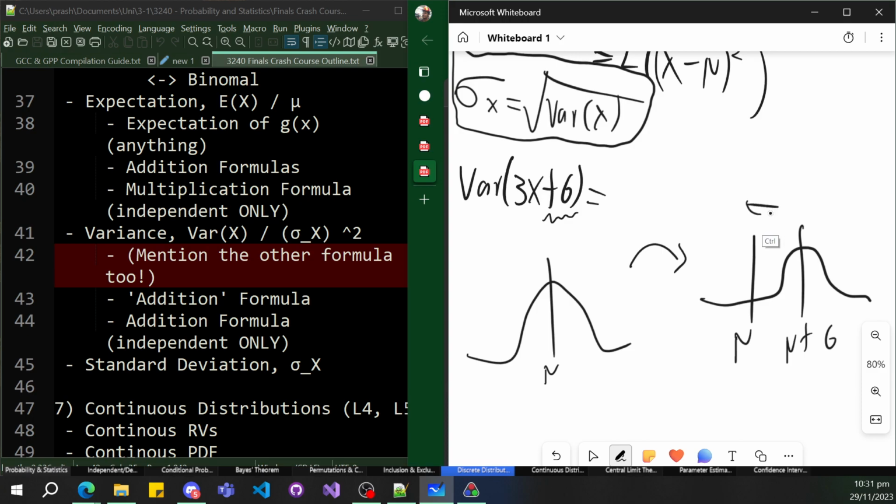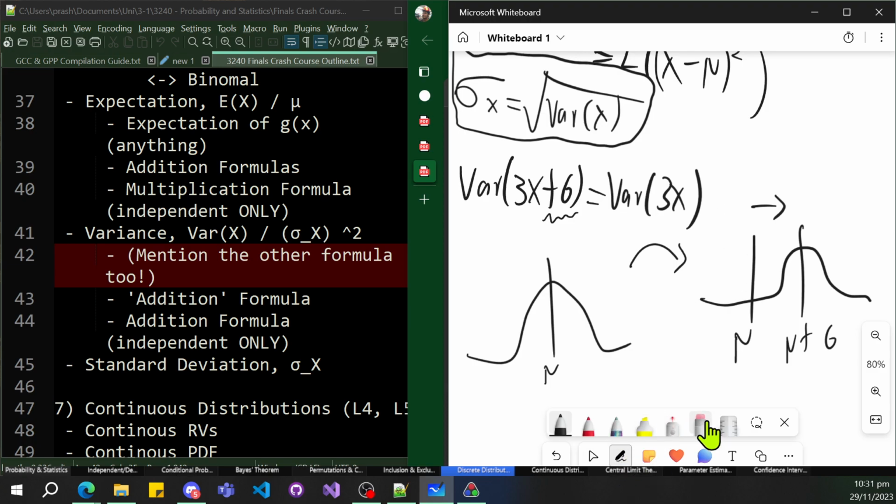So it moved the data, but the spread of the data didn't change. That's why we're able to say that this is equivalent to just variance of 3 times x. You shifted the data, but you didn't spread it out more. So there is no change in the variance, because variance is the measure of how spread out your data is.